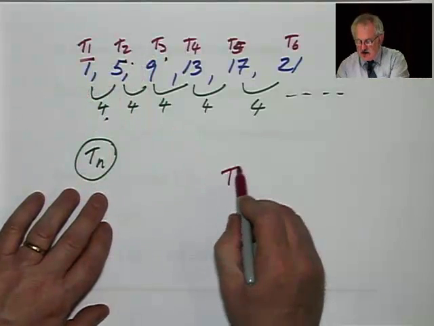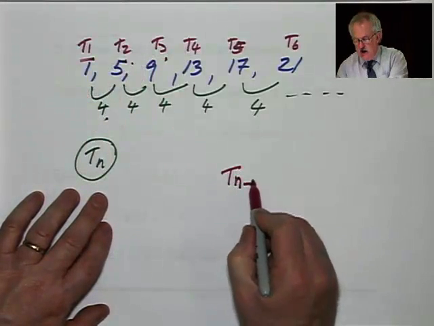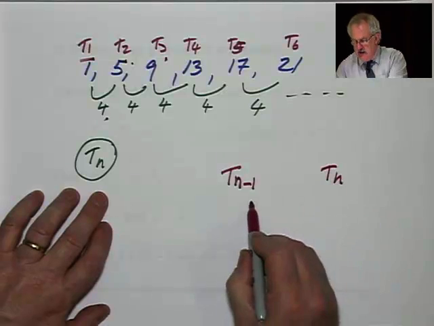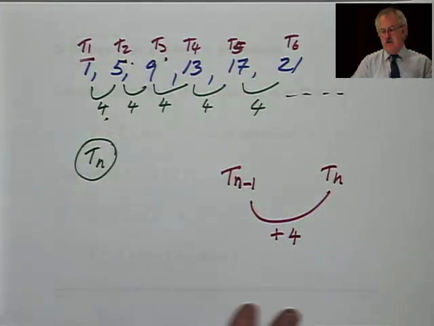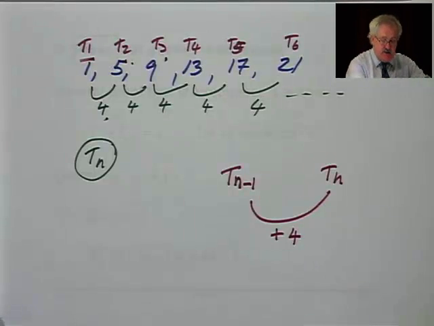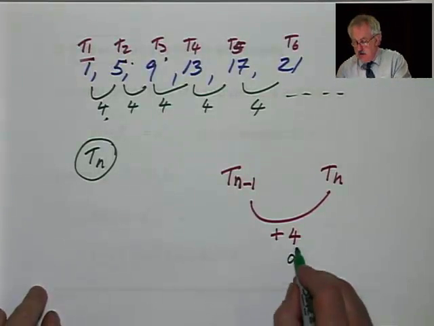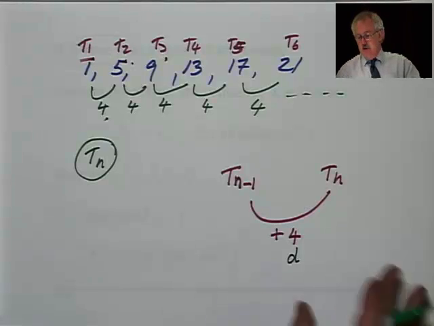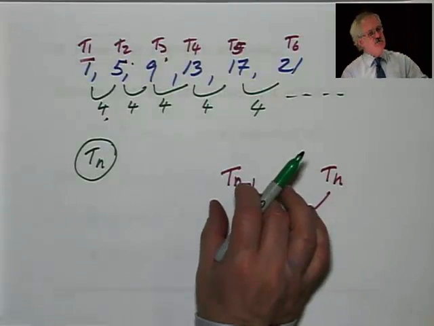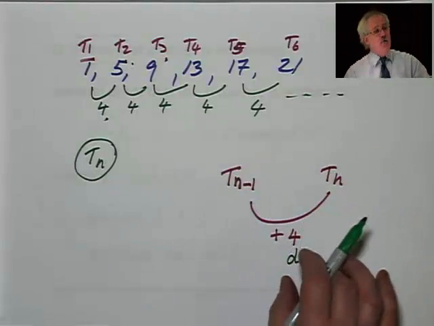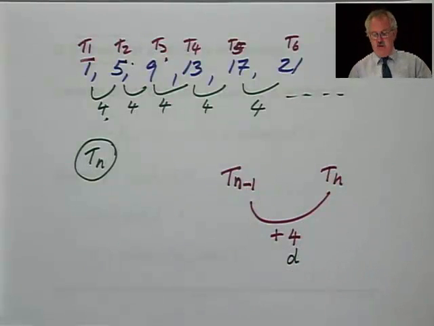So basically it's saying that for any term T(n-1), if you go to Tn, you add plus 4. That's what we've got to prove. Or actually, we have to prove that there's a common difference. Doesn't matter what the number is. As long as it doesn't change, as long as the difference between one term and the next one is always a constant, you've proven that.